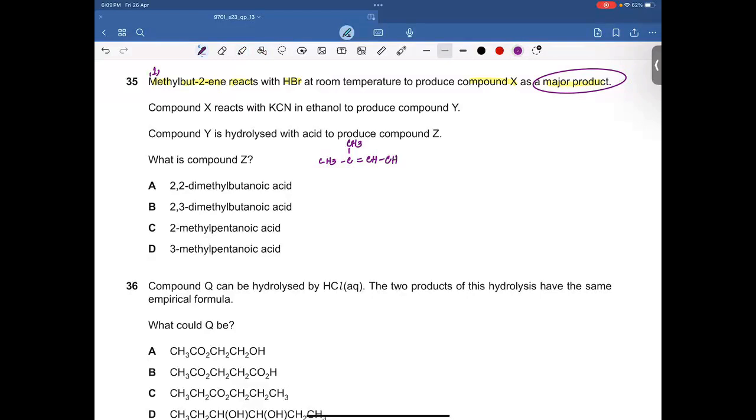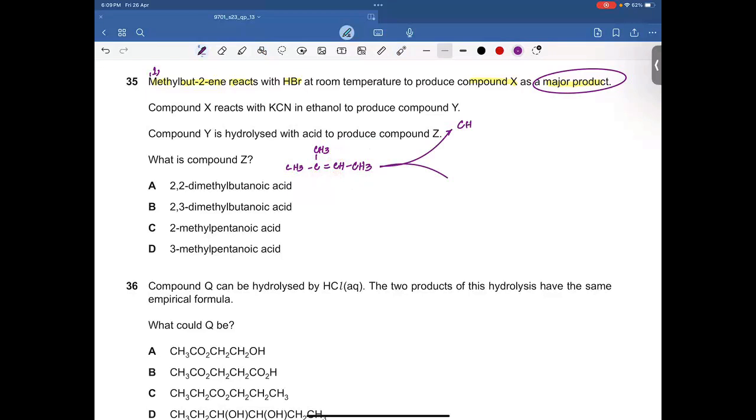In this methylbutene, we have different situations in terms of bond breaking. First, if I shift the pi bond onto this carbon, then this carbon becomes negatively charged and this carbon becomes positively charged.